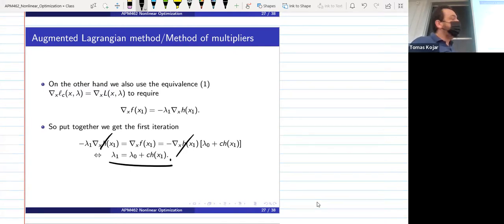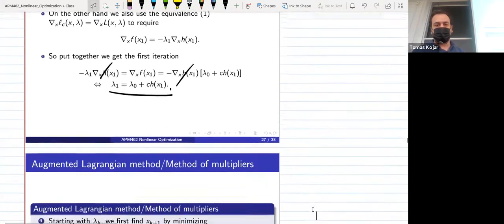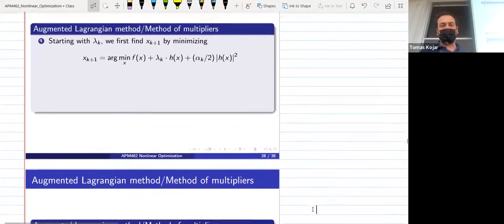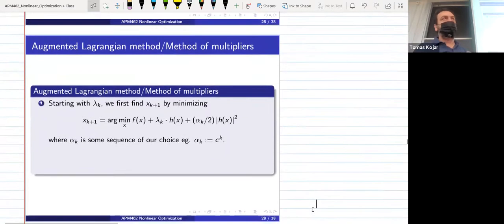Right, so here's the general algorithm. C can be some sequence alpha k. For example, take c to the k where c is bigger than 1. Okay, like an exponential sequence.